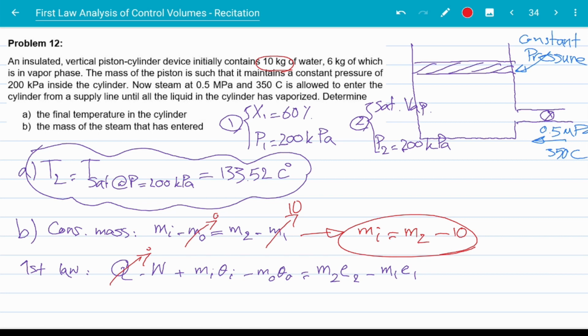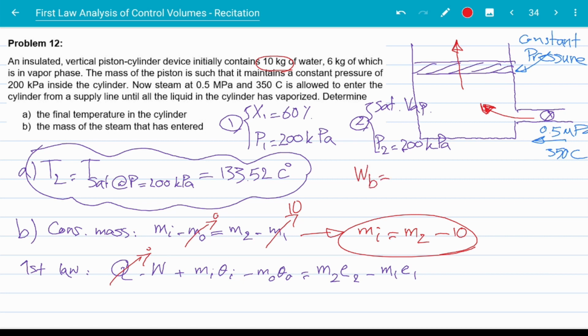So far, the problems that we dealt with had no work involved, but this time we are dealing with a piston that is able to move, meaning that the boundary is moving. Now we are letting steam come into our system, so in order to keep the pressure constant, the piston has to expand. So the system is actually doing some boundary work. Now, what is the boundary work?